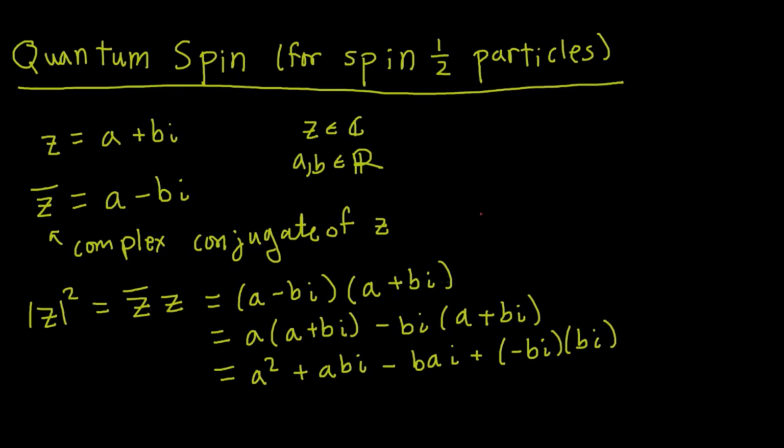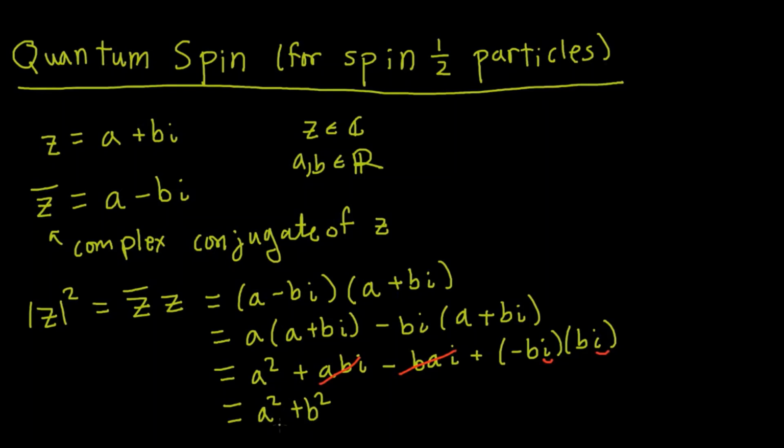First, this term cancels with this term, and second, because i squared equals -1, this immediately becomes a squared plus b squared.